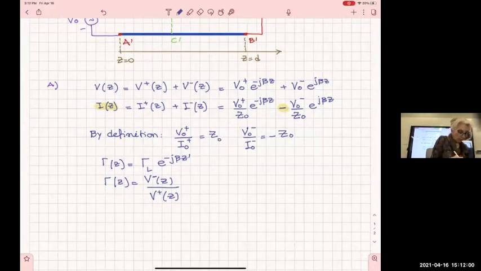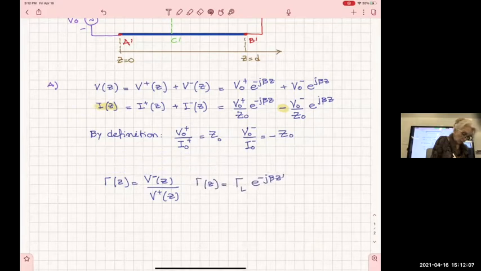So it comes from this definition. So practically, just to remind you, this is coming from that. All right, so this is what we know.